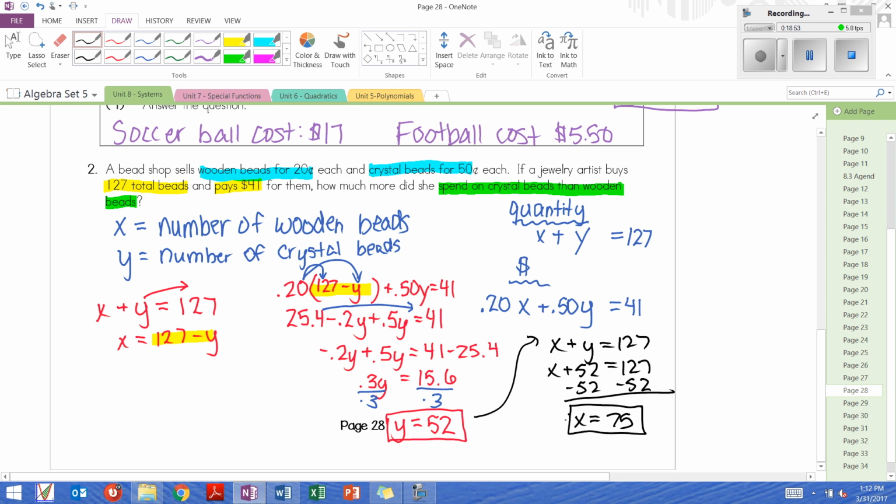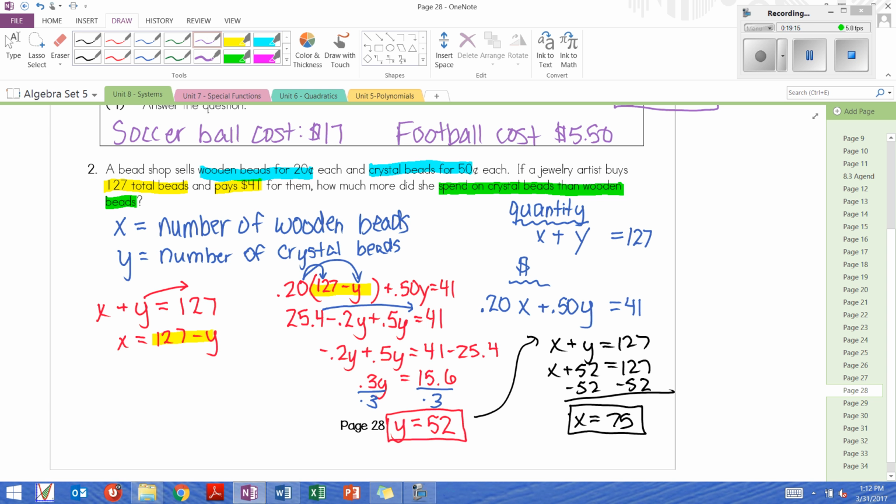So let's answer the question. Is my answer 52 beads of crystals or 75 wooden beads? No, but I need this to help me get to my answer to the question. What it says is, how much more did she spend on crystal beads than wooden beads? Well, let's think this through.